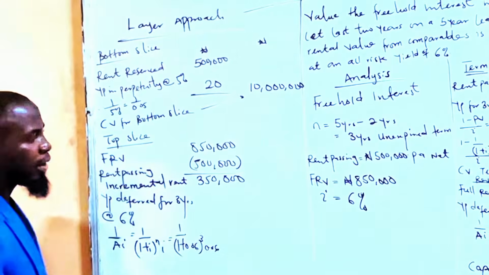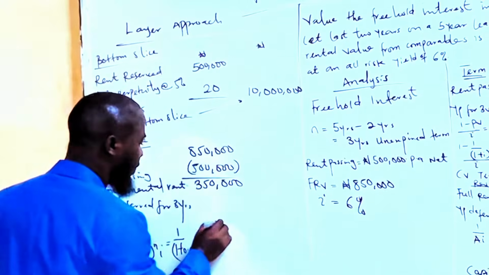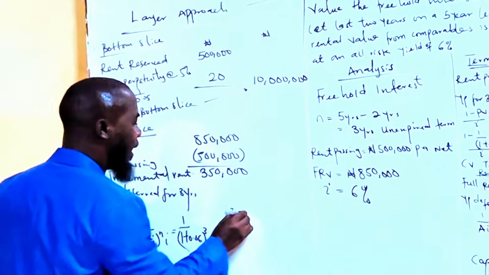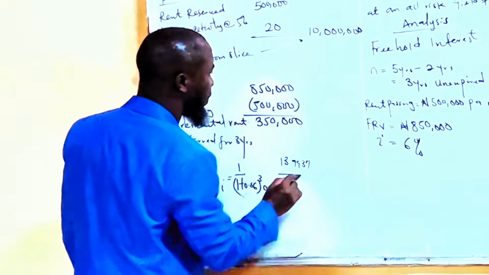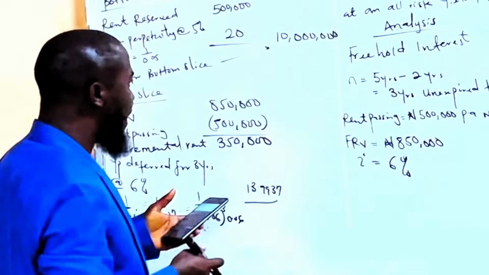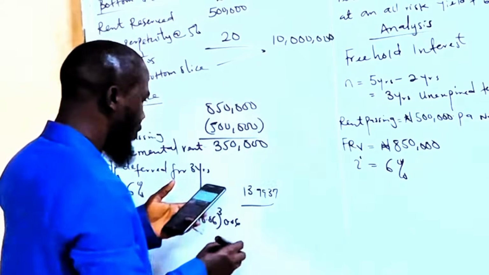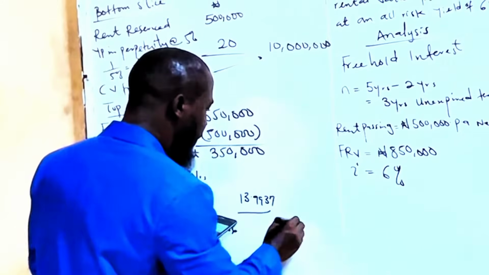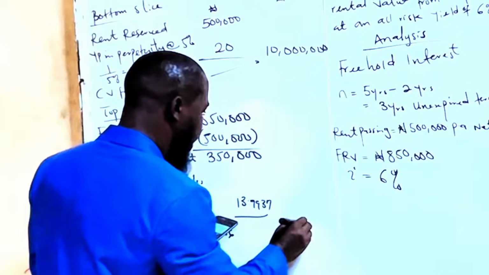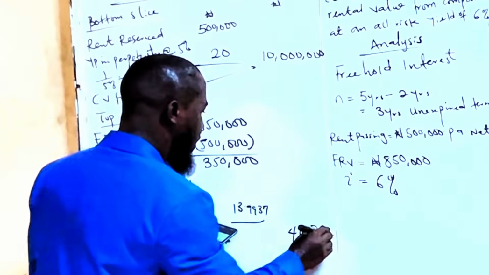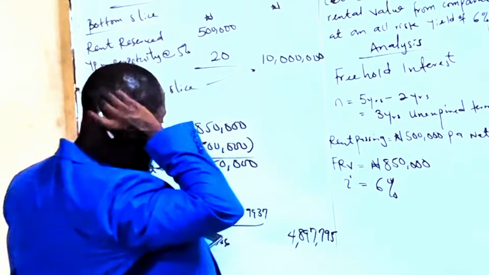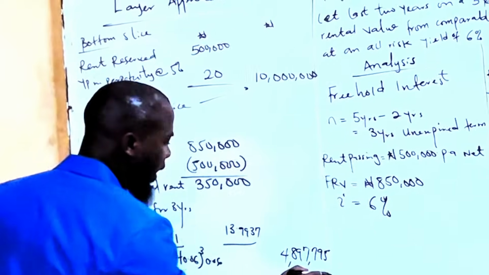When we did it earlier, we have 13.9937. 350,000 times 13.9937, when you multiply, we have 4,897,795.